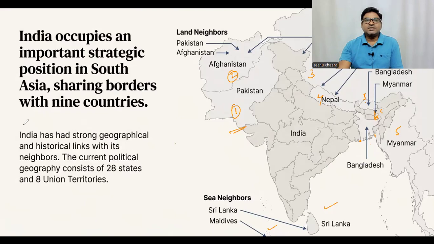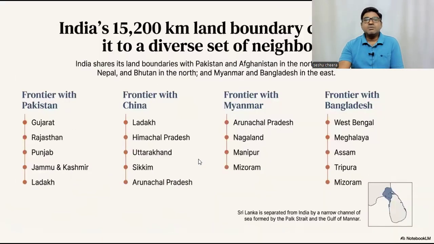This gives us a good land route connection and also water trade contacts, which made India play a significant role, as we have seen in the previous case, putting India in a strategic position in South Asia. Now, coming to the land boundary, which countries share a land boundary with us?